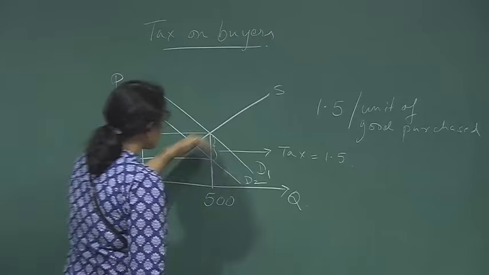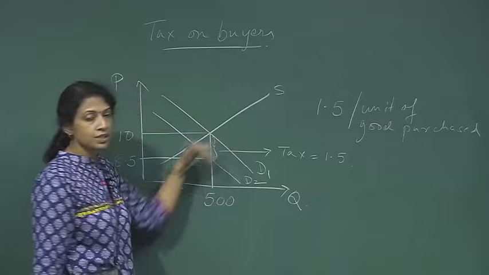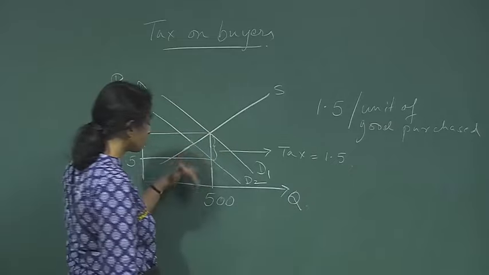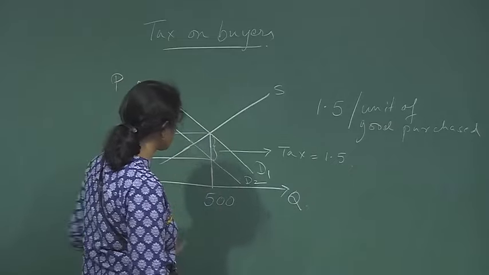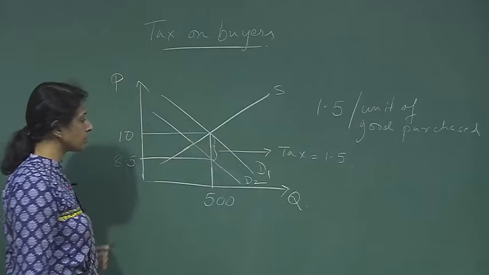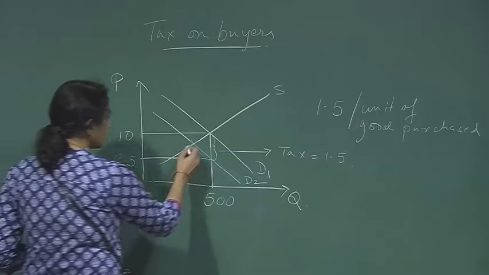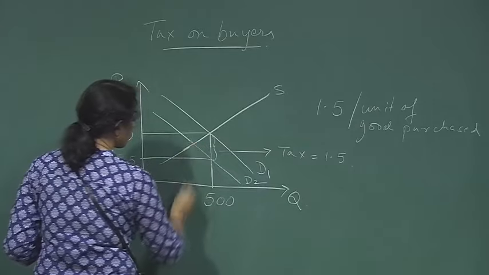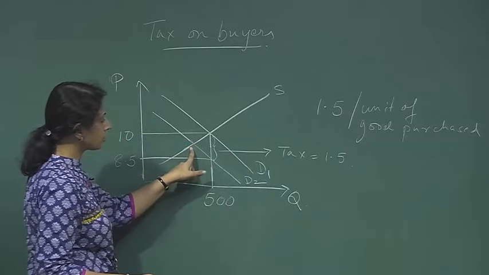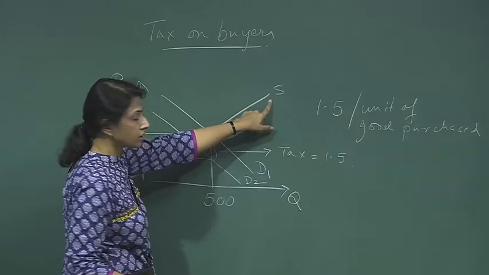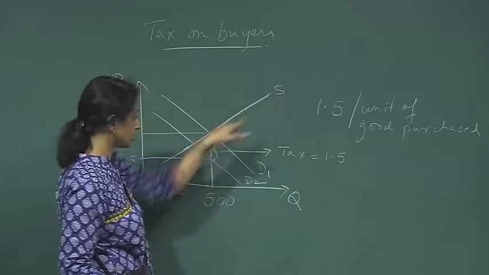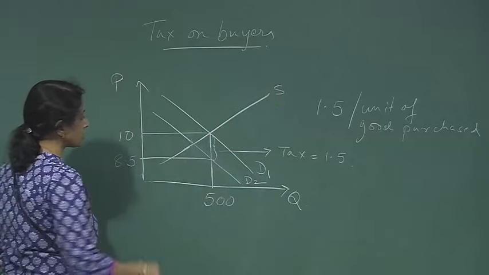Hence, the demand curve has shifted down. And what is the new equilibrium? The new equilibrium is where the new demand curve intersects with the supply curve.